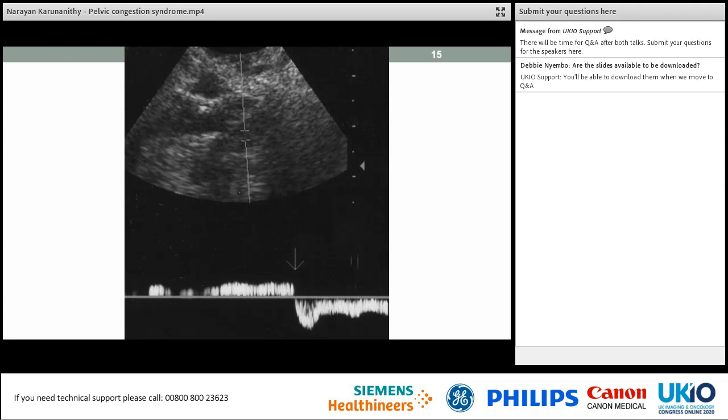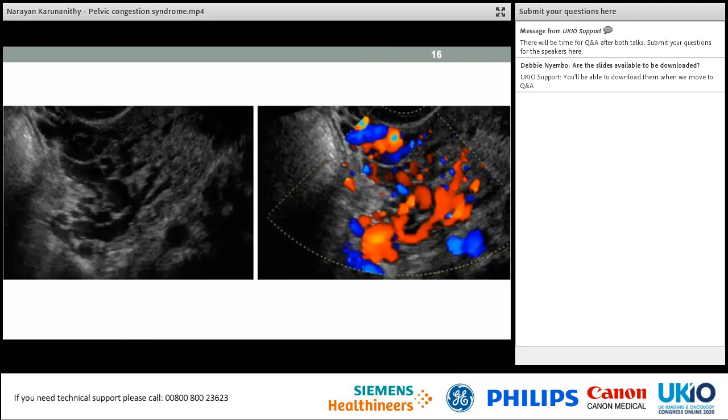If you're able to demonstrate that on Valsalva, that's a use of the Valsalva technique that is really useful to demonstrate that reflux. This demonstrates two images which show quite markedly dilated parametrial veins, and the Doppler also demonstrating the color flow within those veins.